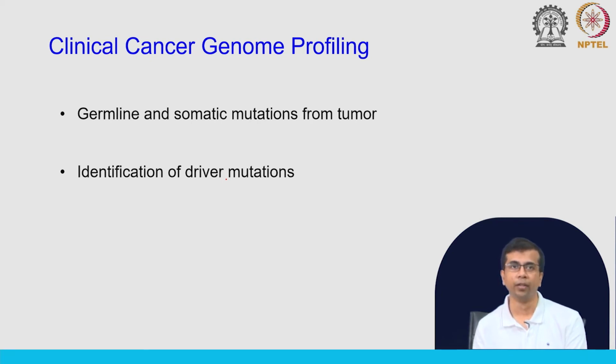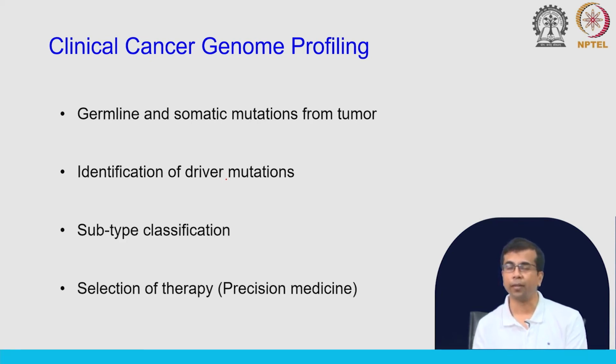We can also identify different subtypes of tumor. Different subtypes show different characteristics, and they also respond to different therapy. So, by studying these variants we can do subtype classification, and that can help in selecting the appropriate therapy. There is a term we introduced earlier, called precision medicine.